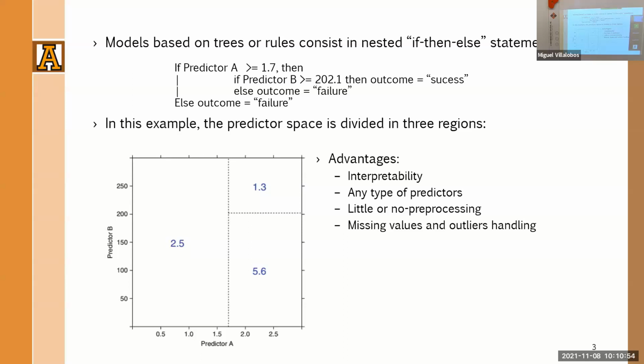There is little or no pre-processing required because things like outliers and missing values are handled very nicely by these decision trees. Some people like them because they resemble the way people think. That's the way we make decisions.